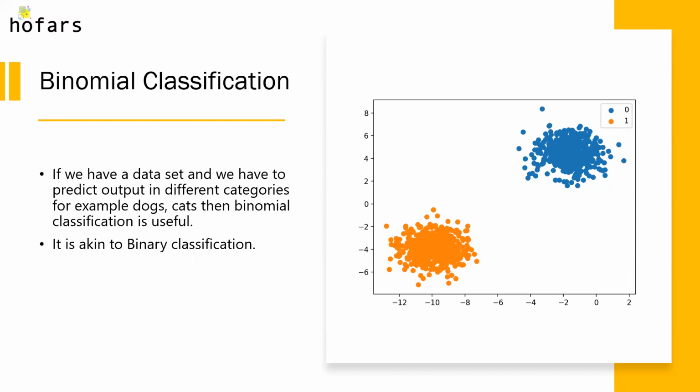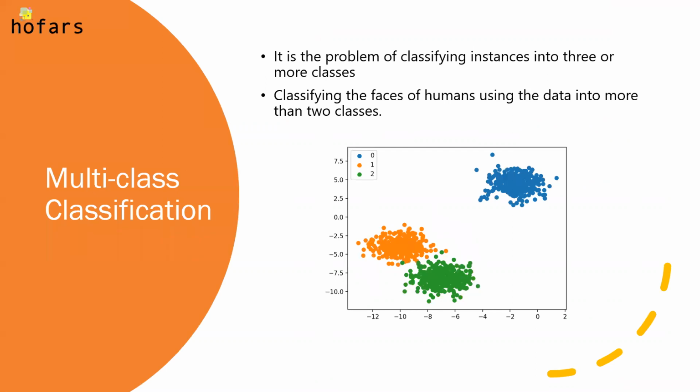It can be binary. You can convert this data, like cats as one and dogs as zero, but mostly due to the convention, it is named binomial classification when you use these names instead of zeros and ones. As I said earlier, it is akin to binary classification. Akin is nothing but similar. Multi-class classification: when you want an output with more than three classified data, like, as you can see on the screen, orange, green, and blue, then this is the one.